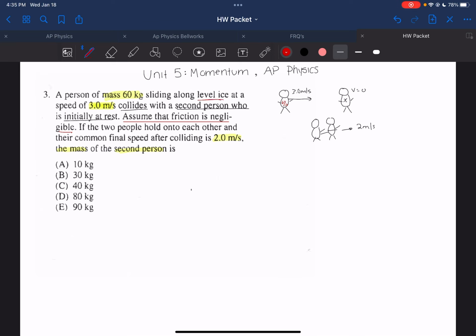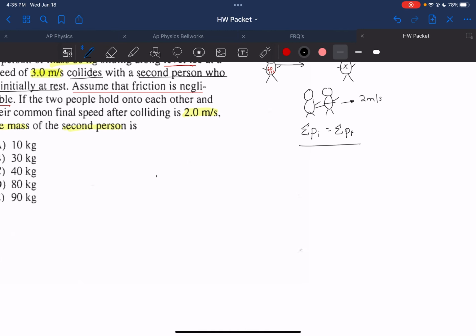The law of conservation of momentum states that if two bodies collide in a closed system, and we are in a closed system right here, ignoring friction or air resistance, then the total momentum before the collision, your initial momentum, is going to equal your final momentum. So with this equation, we can go ahead and solve.